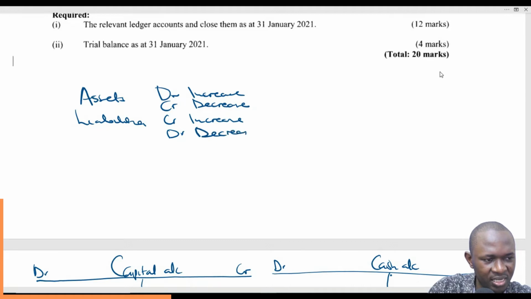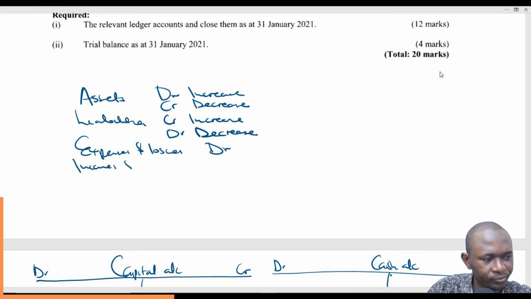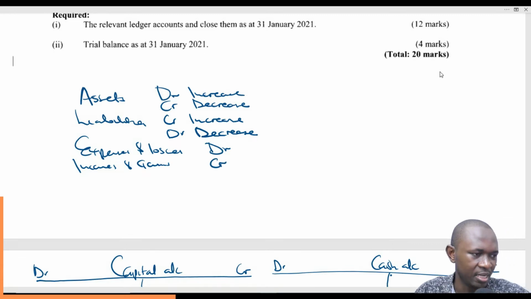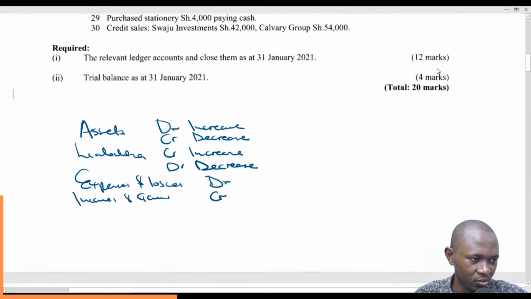Then for expenses and losses, we debit. For incomes and gains, we credit, and basically those are the rules that are going to help us.